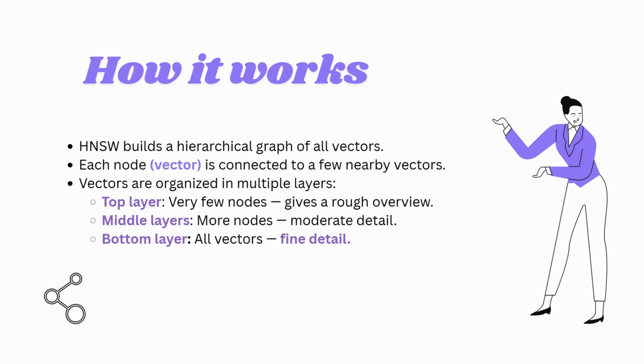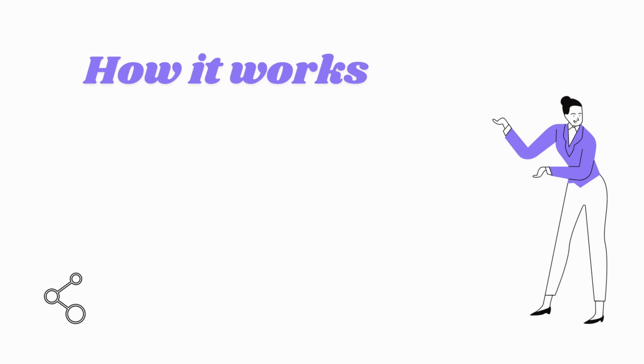So, how does it work? HNSW builds a multi-layer graph structure of all the vectors. Each node is a vector connected to its nearest neighbors. The graph is built in layers. The top layer has very few nodes and gives a broad, zoomed out overview. Middle layers contain more nodes and offer a moderate level of detail. The bottom layer includes all the vectors, providing fine-grained connections. You can think of this structure like a pyramid.